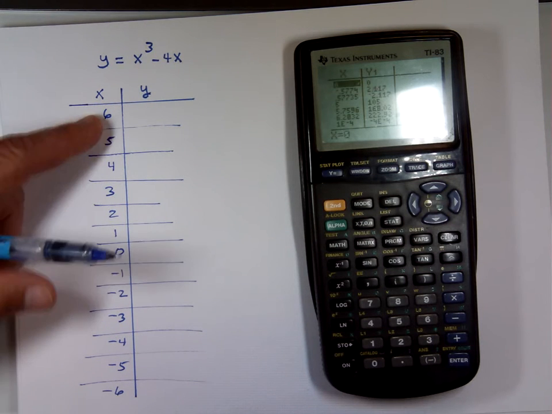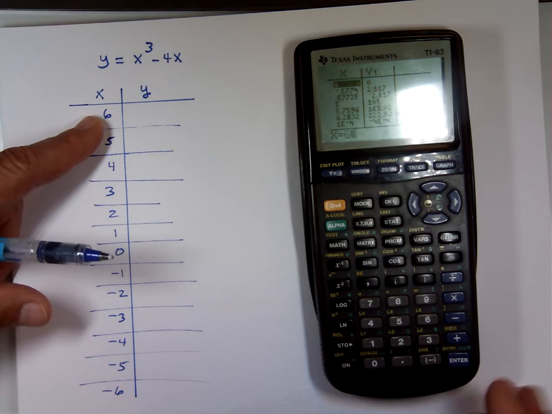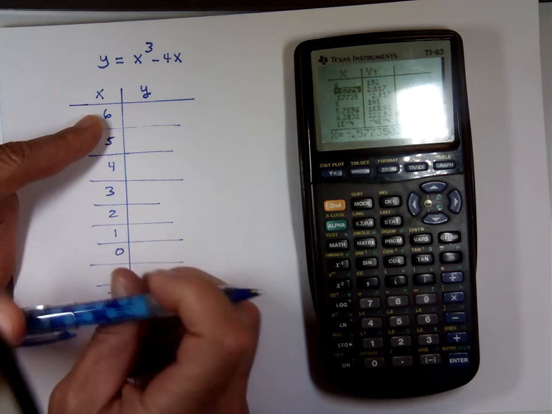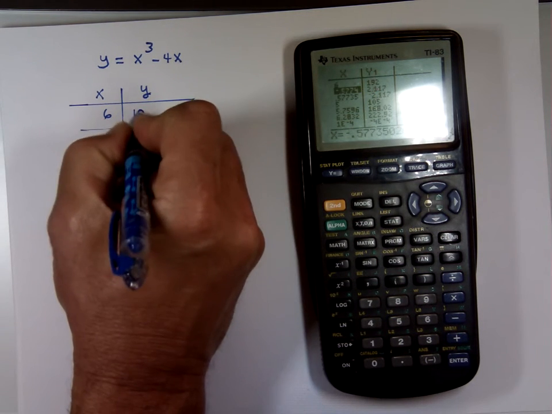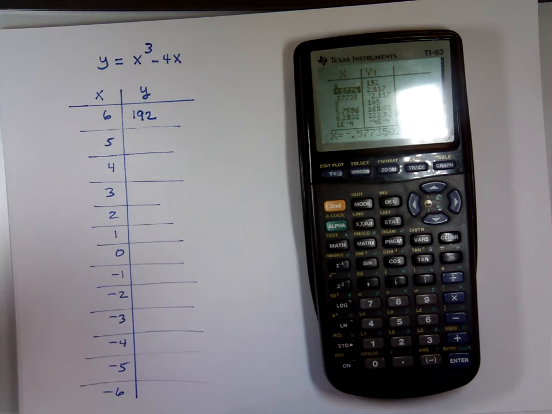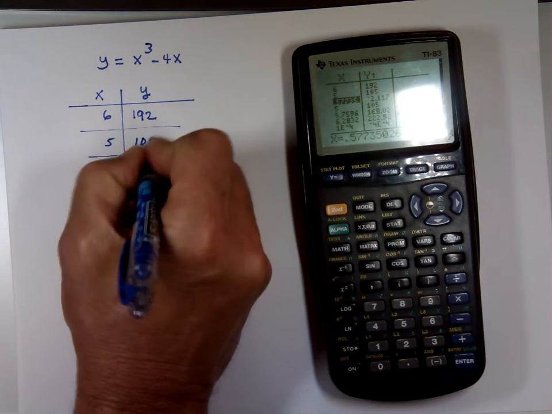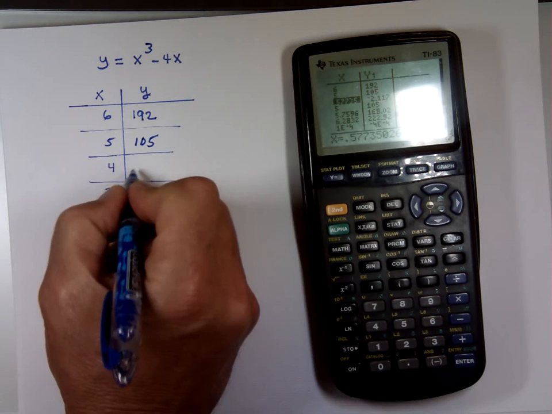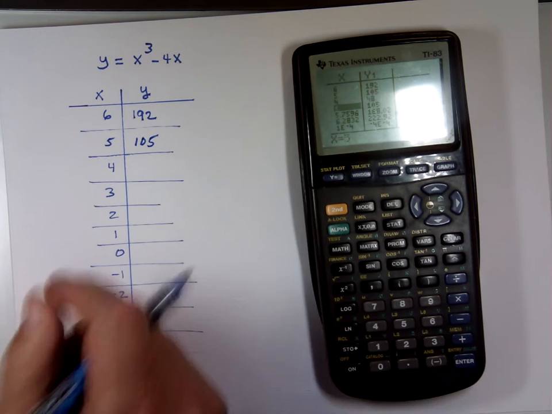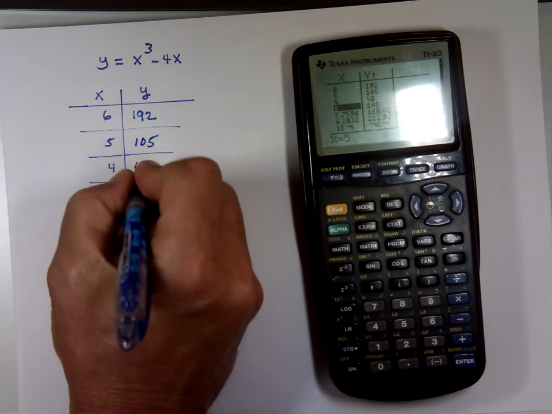And let me try 6. When x is 6, what's the y value? 192. I'm cheating here. You can plug it in. When x is 5, the answer is 105. When x is 4, it's 48.